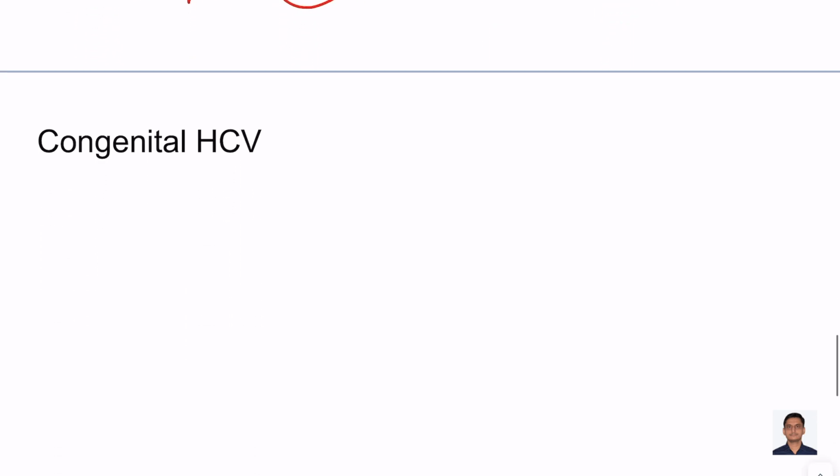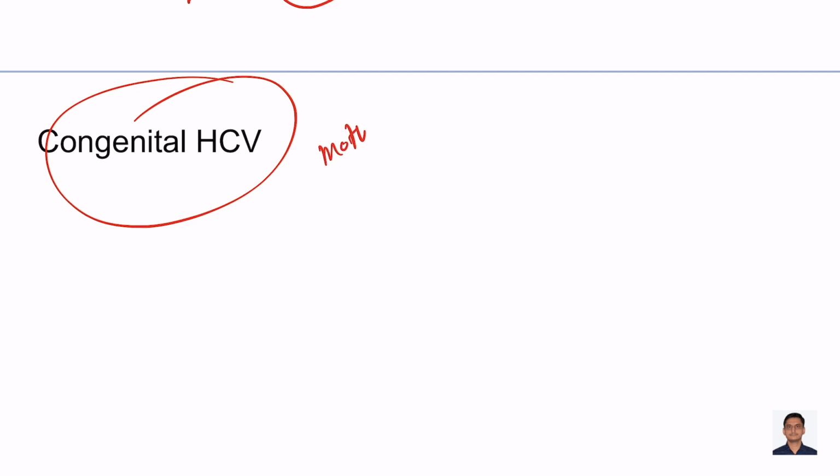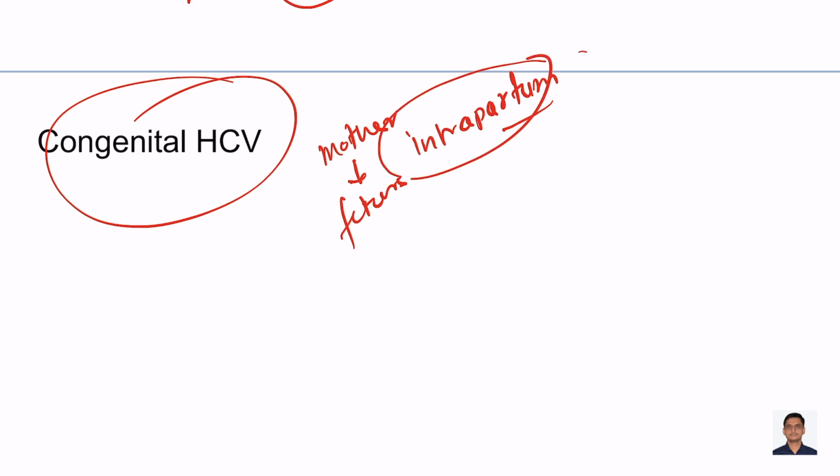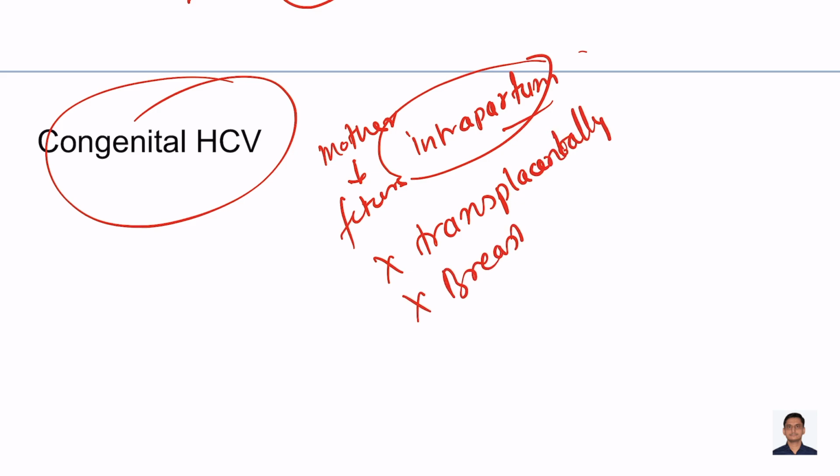Now come to congenital HCV infection. It is transmitted from mother to the fetus during the intrapartum period, like HBV infection. It cannot be transmitted transplacentally. It cannot be transmitted by breastfeeding. C-sections are not helpful, similarly as in HBV.